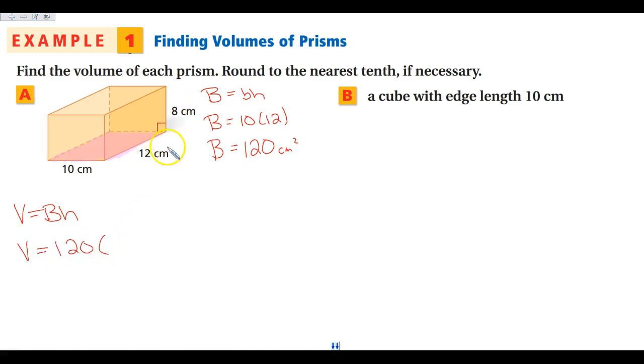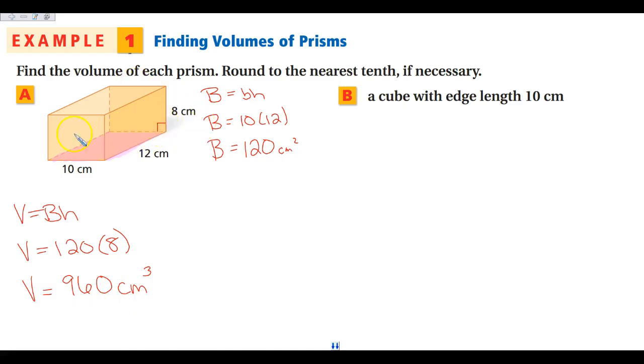Now the height of my prism is the distance between the bases, so it's the number that you didn't use to find capital B. So the height of my prism here is 8. Then I'm going to take 120 and multiply it by 8 and I'm going to get 960 centimeters cubed. That is how we write our units for volume.